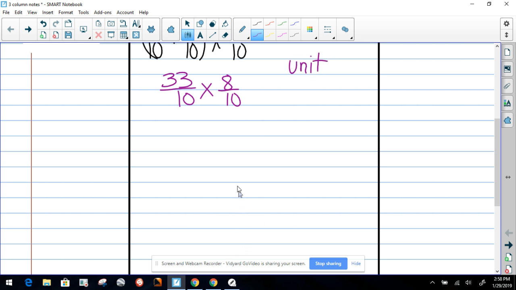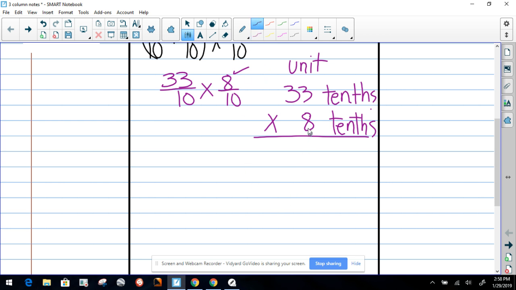Well, the way you do this is you write 33 tenths. So we're going to write the unit, which is the name of the denominator. Okay? Times 8 tenths. And let me add an s, this is a plural one. So that way you solve it in this manner.